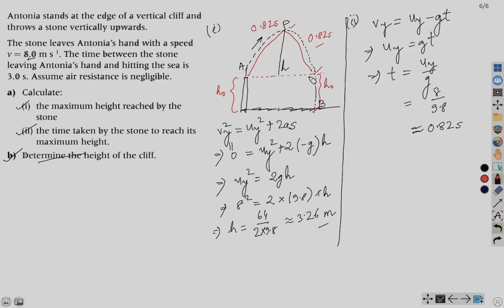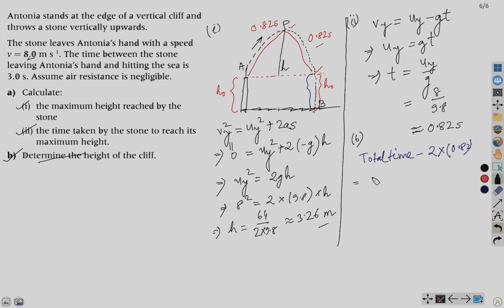So the time it will take from here to here is total time, let me just number this, it is B, minus 2 times 0.82, yes.